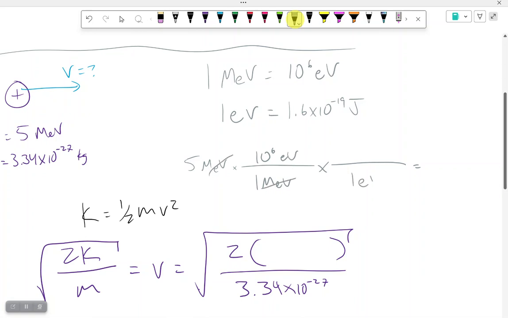Then 1 eV is 1.6 times 10 to the negative 19 joules, and the eVs cancel out. I get 5 times 10 to the 6 times 1.6 times 10 to the negative 19, which is 8 times 10 to the negative 13 joules.